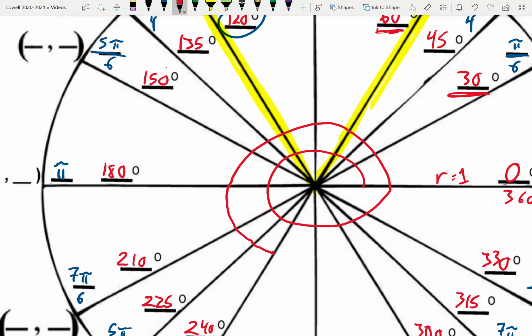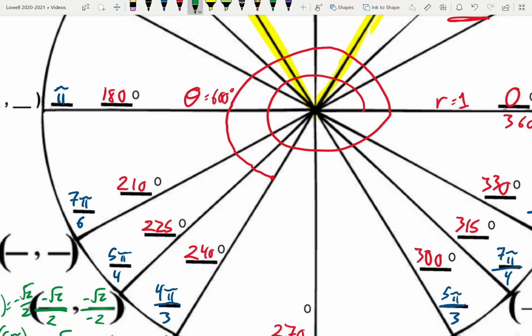So this angle that I just drew would be theta equals 600 degrees. And the reference angle you would use is this angle right here in green, and your reference angle there would be just 60 degrees.